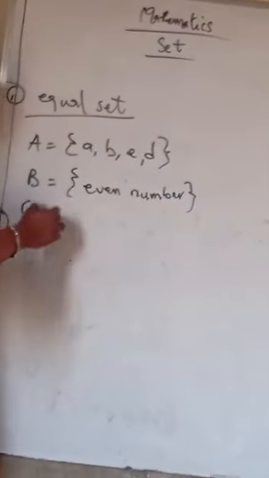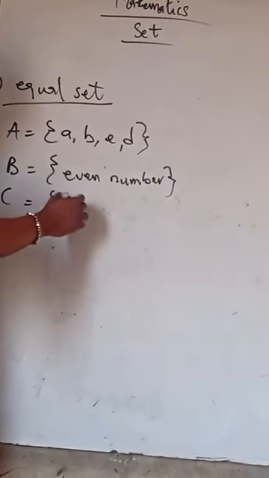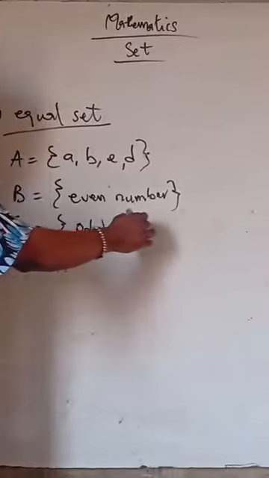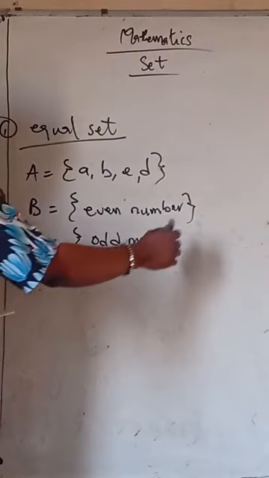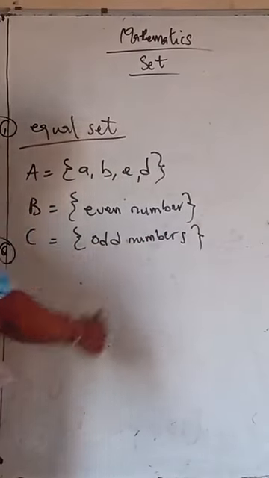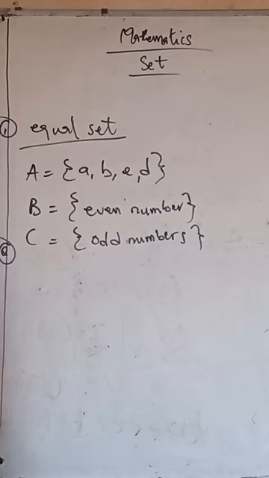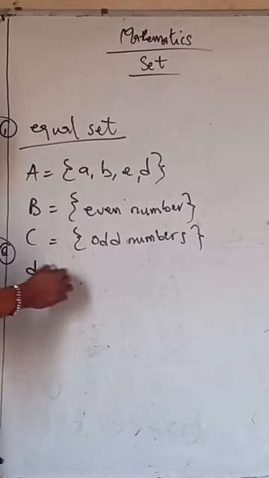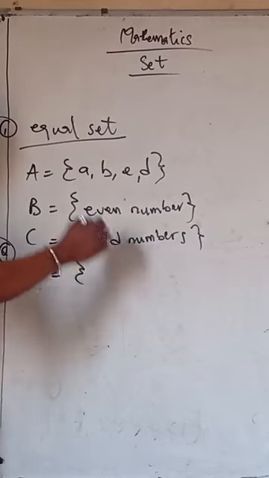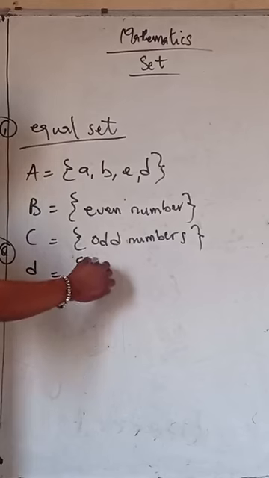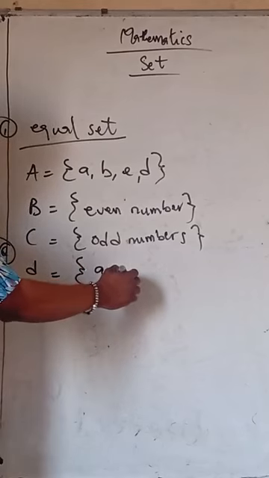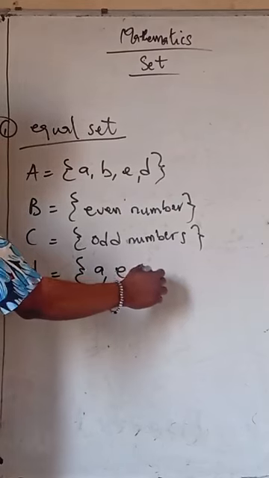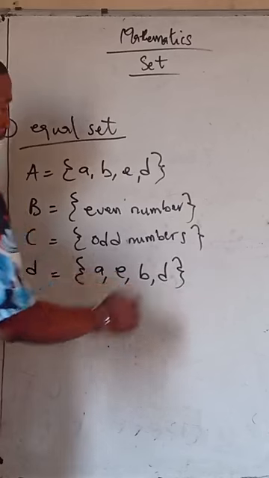You have your C, which are odd numbers. And you have your D, for example, which are A, E, B, and D.